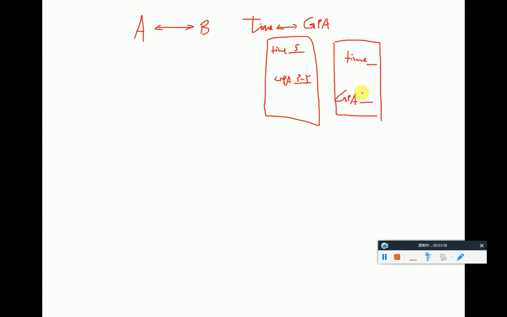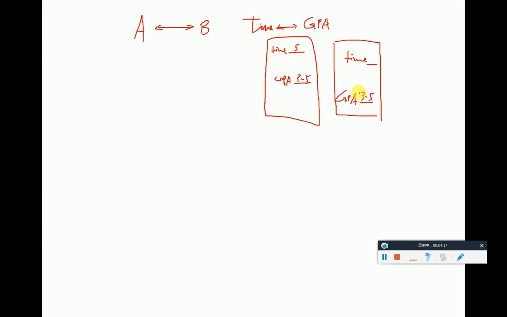For some reason their GPA is about 3.5. You think, well, it's actually a pretty good GPA. That suggests I must have spent lots of time studying in the past. But you don't actually have a record of how many hours you spent studying in the past. So you make a guess.